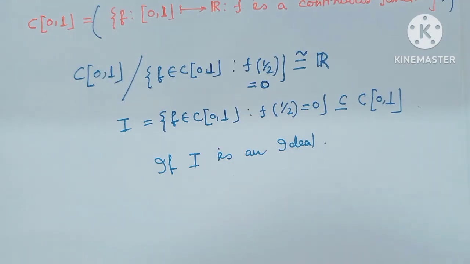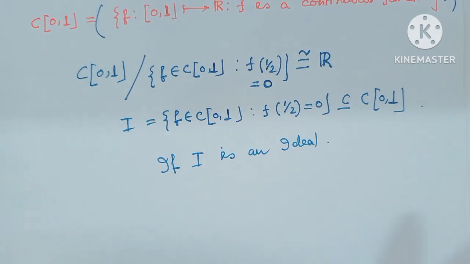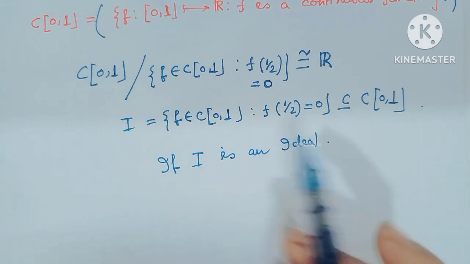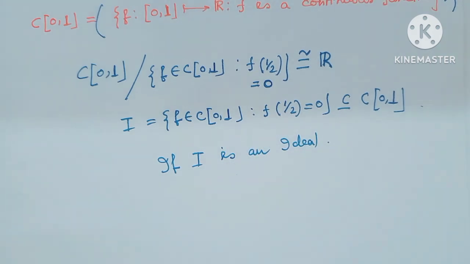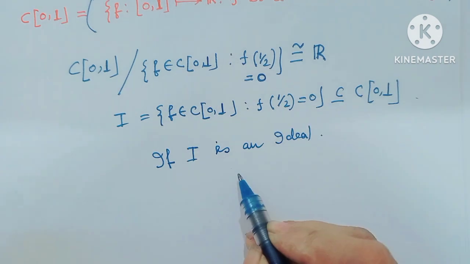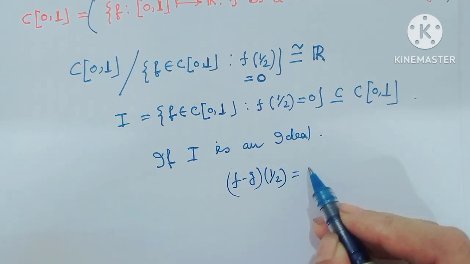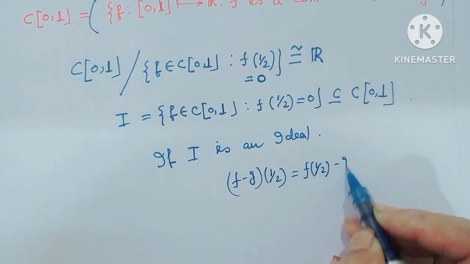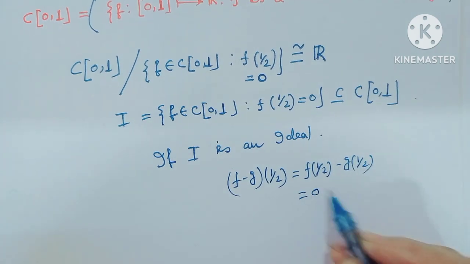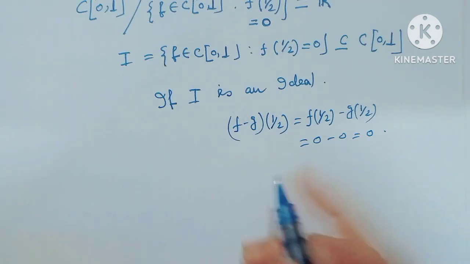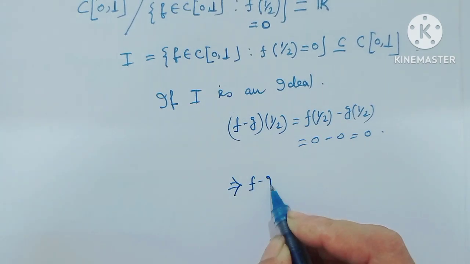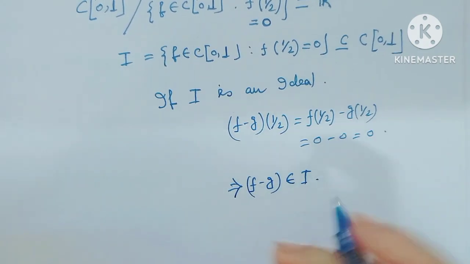Obviously this is an ideal, because if you consider two functions f and g such that f of half equal to 0 and g of half equal to 0, then their subtraction f minus g at half would be f of half minus g of half. This is equal to 0 minus 0, which is equal to 0. That means f minus g belongs to the ideal.